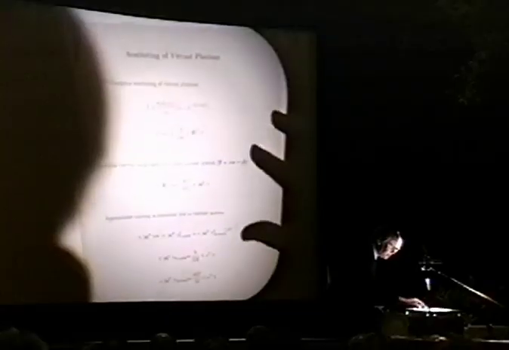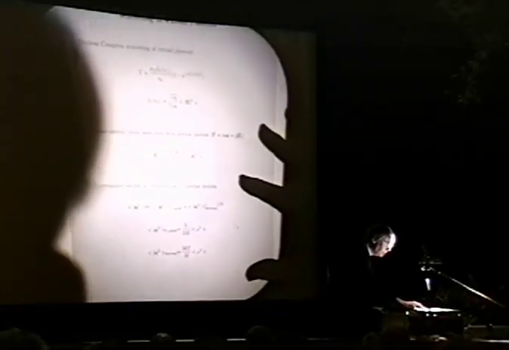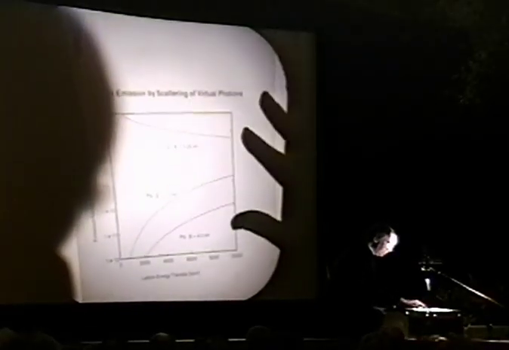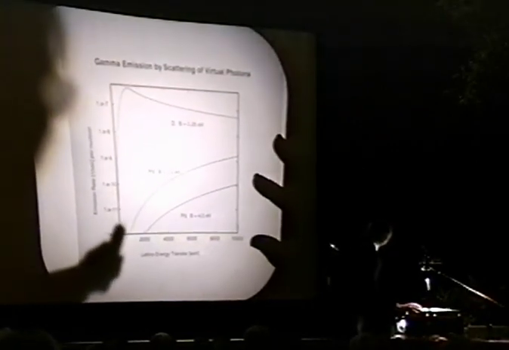If you scatter these virtual photons exothermically, once again you take into account F equals MA to relate to your acceleration. And you get kinematic factors that give you a continuum that looks like this. The deuterons scatter first.